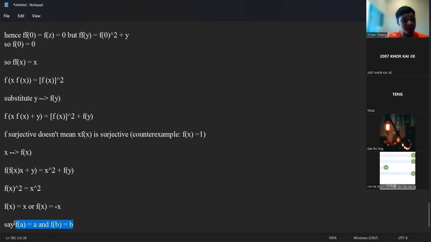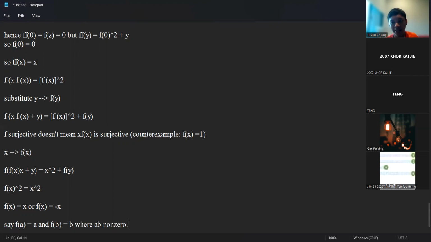Because what if a or b is 0? If anything is 0, then it obeys both rules at the same time. And indeed, f(0) is 0, as we've shown up there. So just to avoid any confusion, we say where a and b are non-zero.